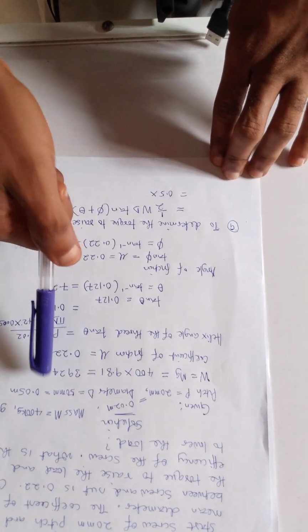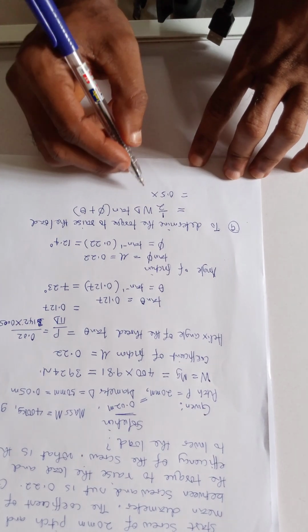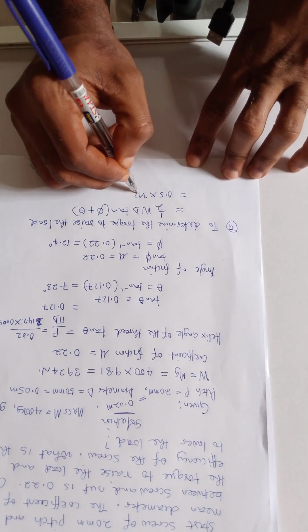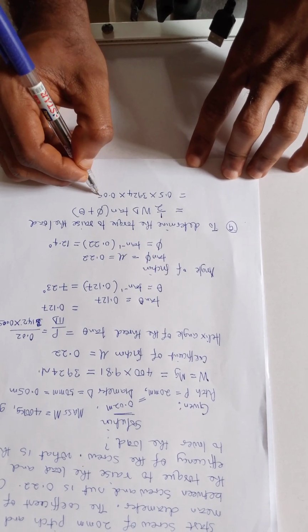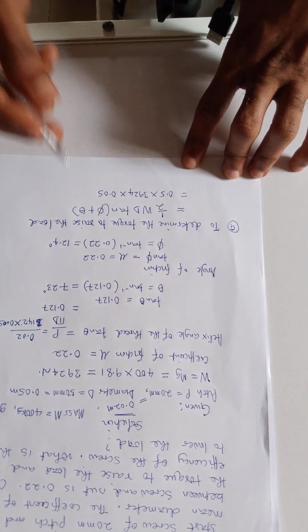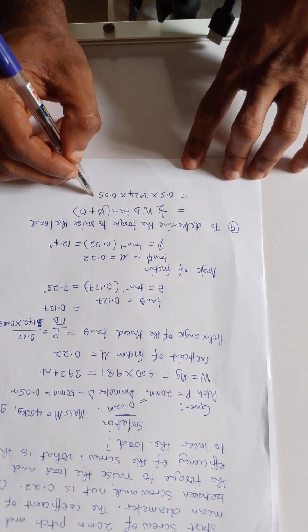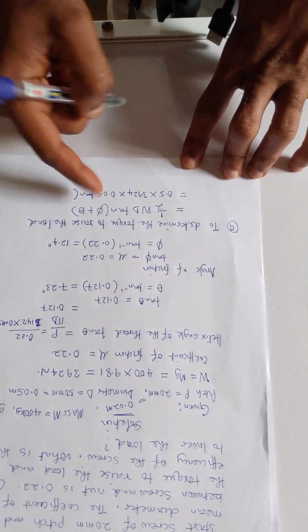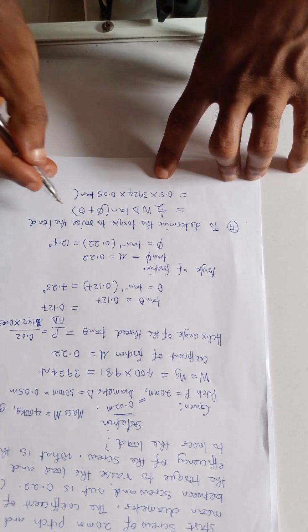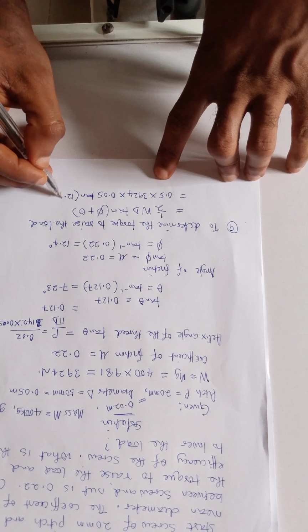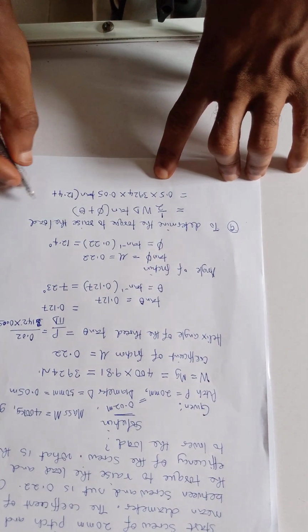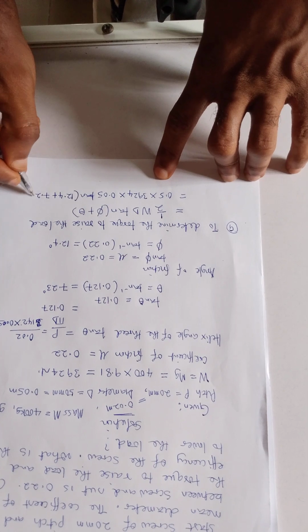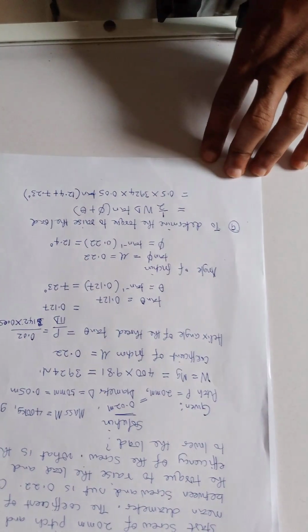We've calculated the weight as 3924, so 0.5 times 3924 times our D, which is 0.05, tan of phi, which is 12.4, plus our theta, 7.23 degree.